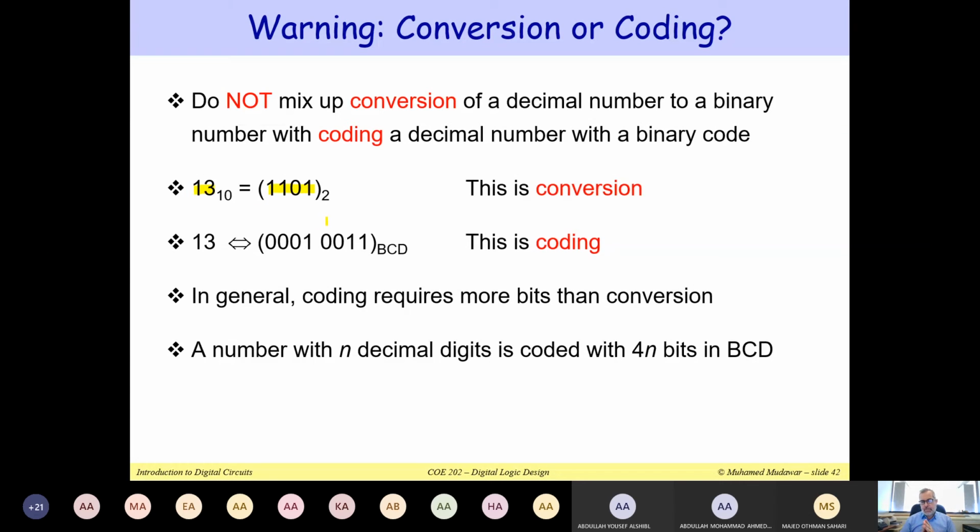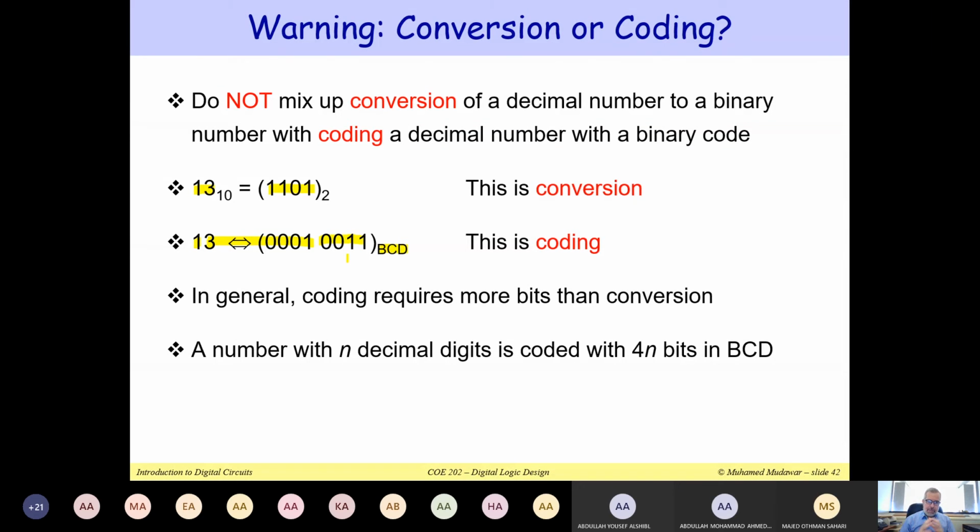This is called conversion. So you can represent the entire number 13 in binary. Whereas in coding, you take each digit in decimal and you code it in binary. So you code the 1 separately as 4 bits, 0001, and the 3 you code as 0011. So this is called BCD coding.